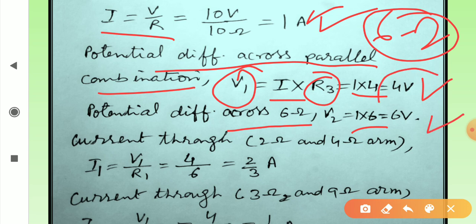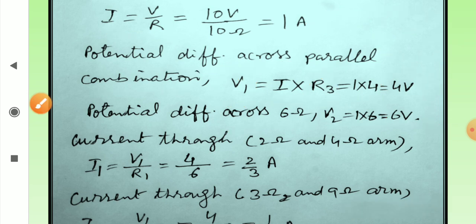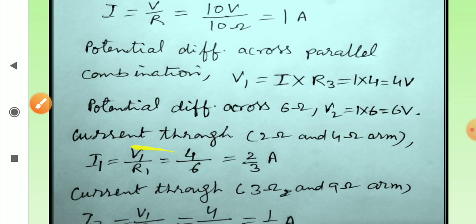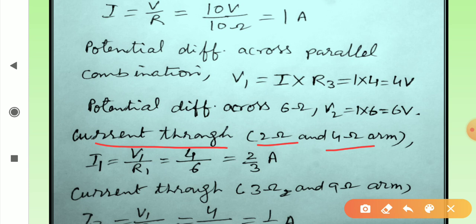And see, the sum of both makes 10 volt. Now what do we need? I want to find out the current I1, the current through the 2 ohm and 4 ohm arm, the upper arm.